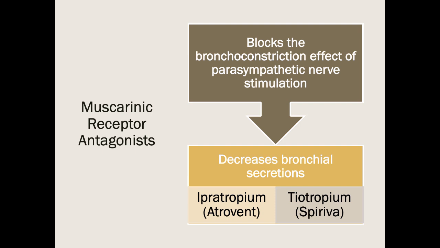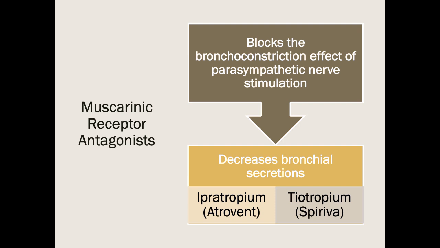And what happens there is we block some of that bronchoconstriction from the parasympathetic side of our system. And when we block those muscarinic receptors, we dry out the body. We inhibit secretions. So that includes bronchial secretions.